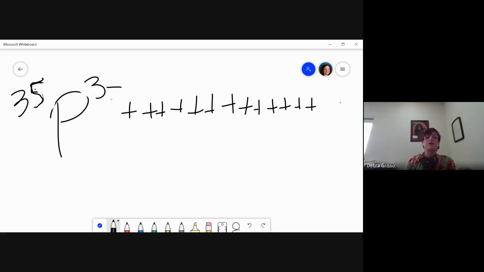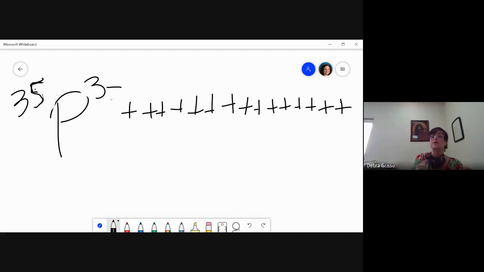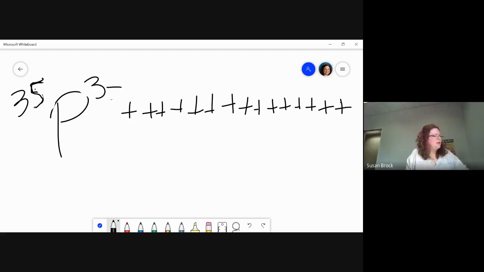Okay, I have a quick notation question. So on your ionic notation with the 3 negative sign, would it matter which side of the 3 the negative sign's on? That is a really good question, and it does not matter. You can see this in different books that they'll put it like this or like the other.